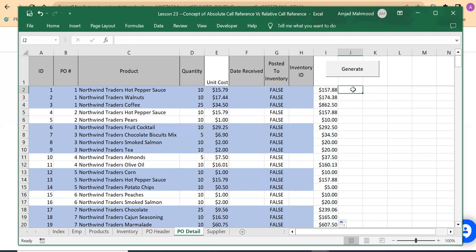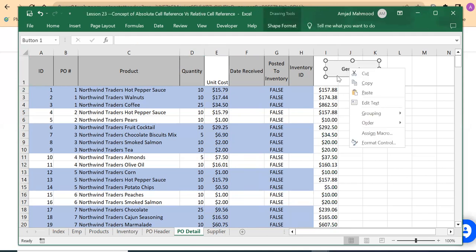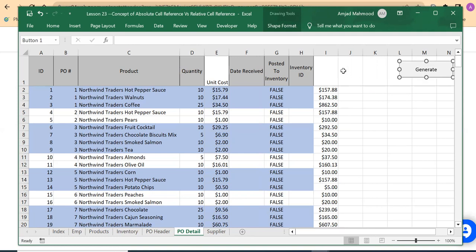Now, this is relative. Let's use the absolute address to make a running total. Let me shift this a bit so that it does not disturb us here.